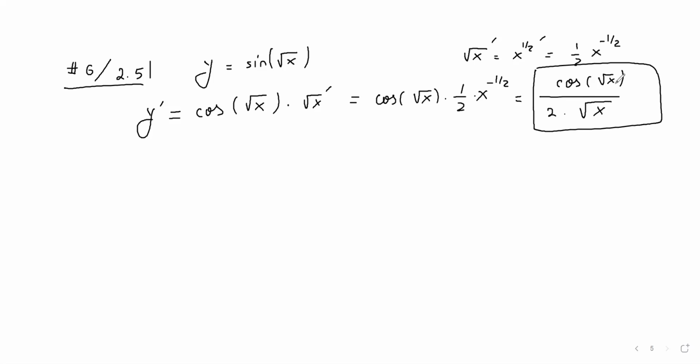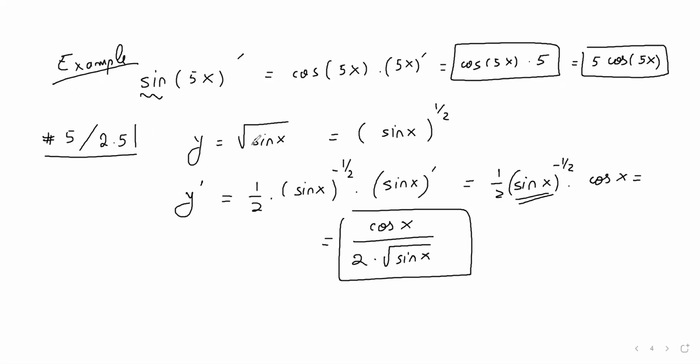So there's a significant difference between this problem and the one earlier, folks, where you had the square root outside the sine function. The square root was the prima donna there, the star of the show, and the sine was under the square root.